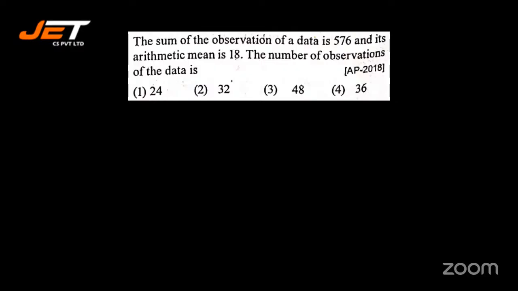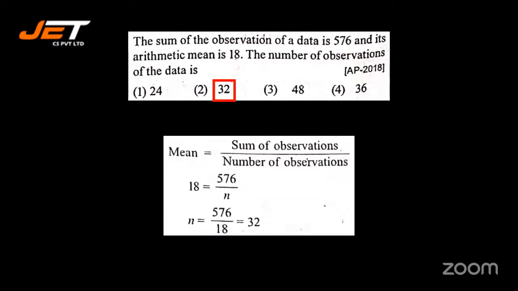So 576 divided by x is equal to 18. So 576 divided by 18 will give us the answer for x. As I told you, mean is 18.